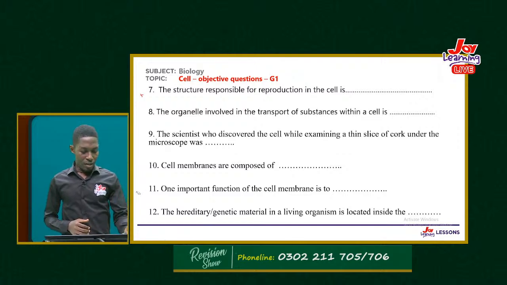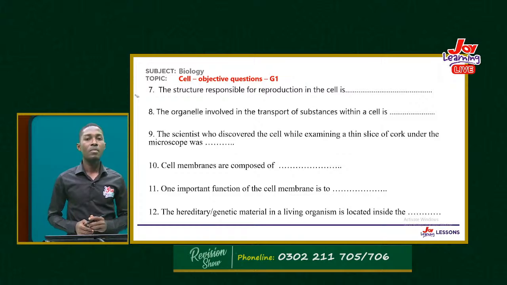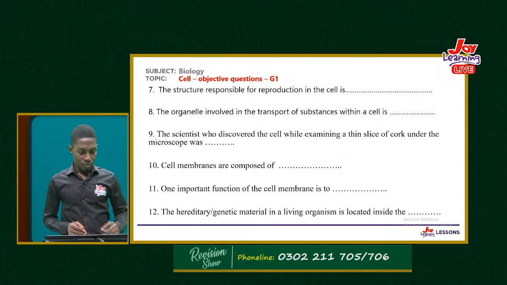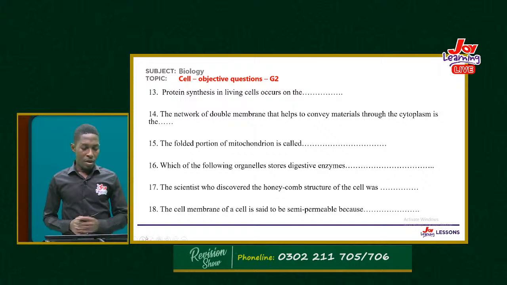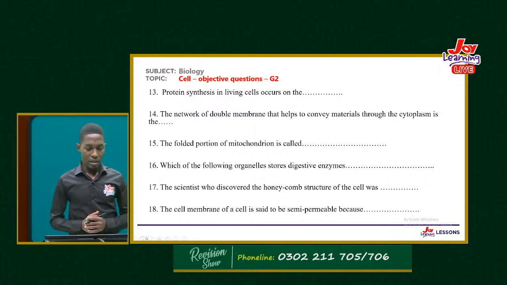Okay. Take your time, look at it. Or I'll just go to the next slide. So you choose which slide. This is slide 2. Where does protein synthesis in living cells occur? The network of double membranes that help to convey materials through the cytoplasm is what organelle?